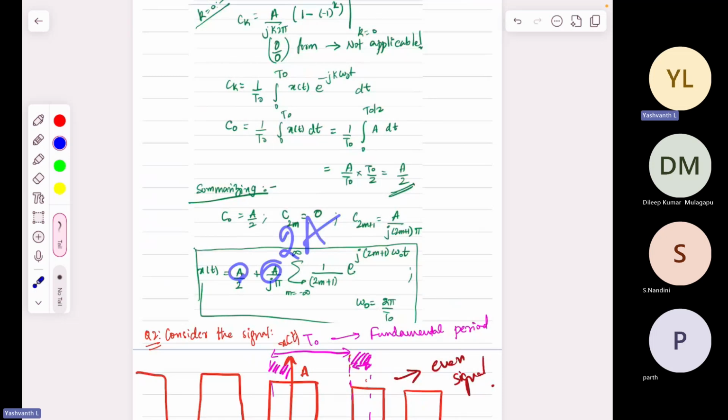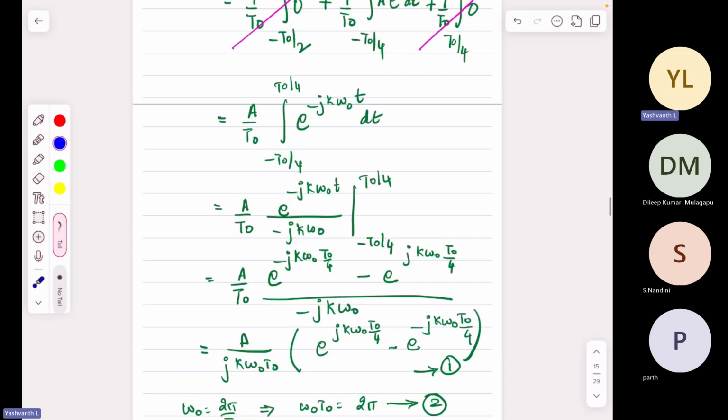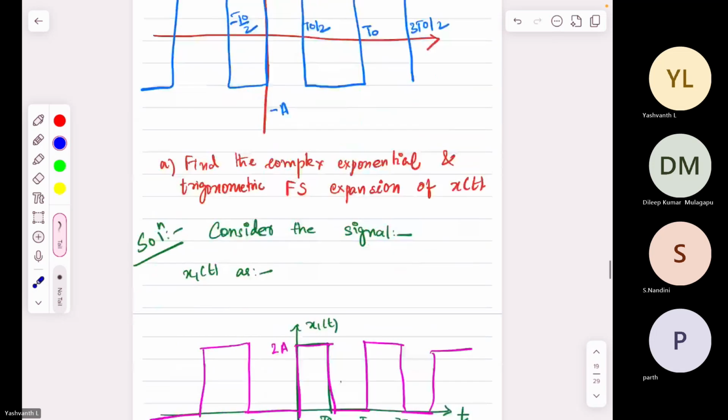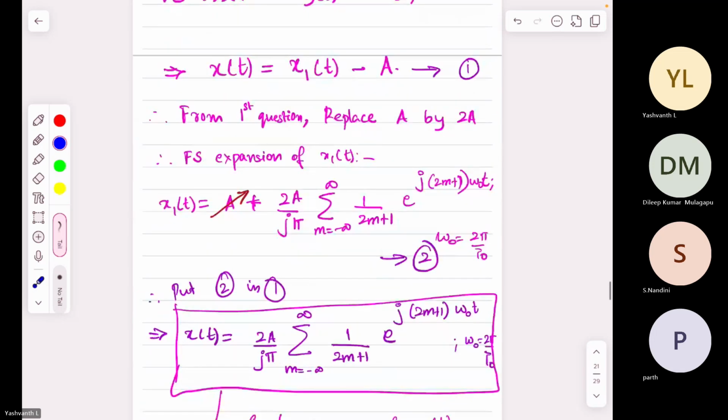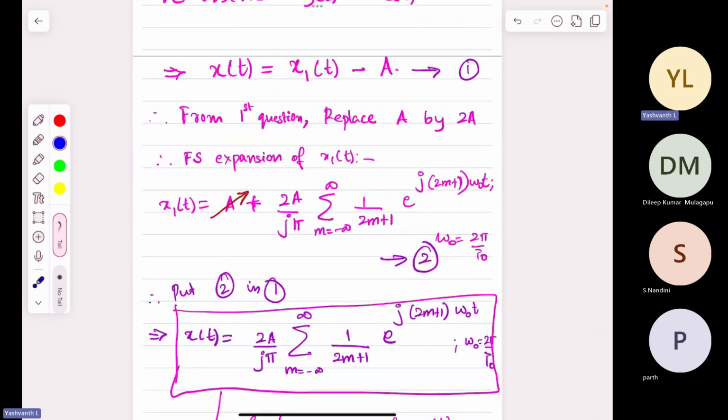So this first term, a by 2 into 2a by 2, is nothing but a, and this will become 2a by j pi. Fine, and that's what I'm writing here.